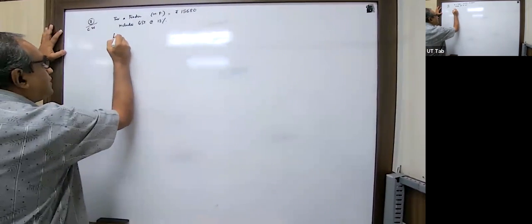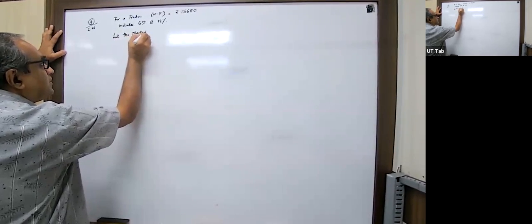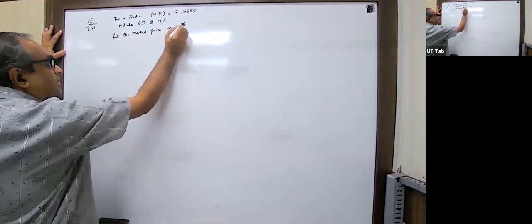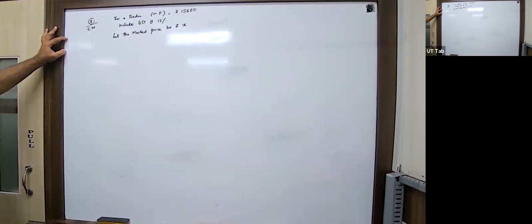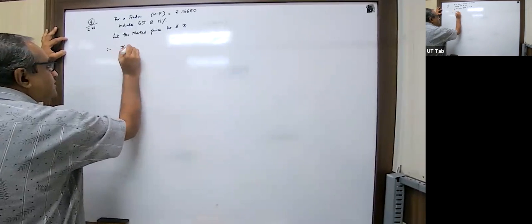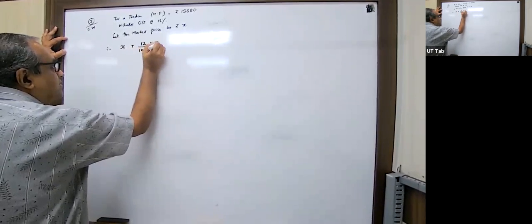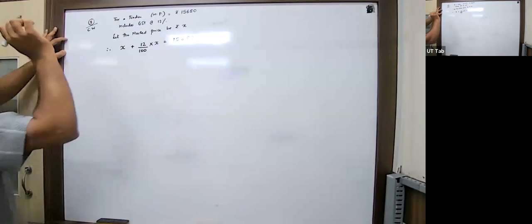Let the mark price be rupees X. Now, GST is always applicable on the mark price. So I will say therefore X plus 12% of X is equal to 15,680. Do you all understand?